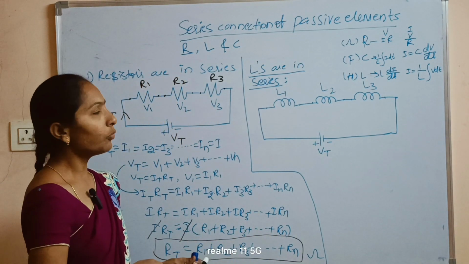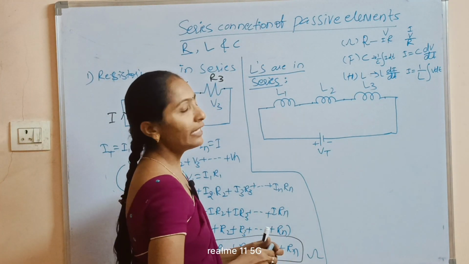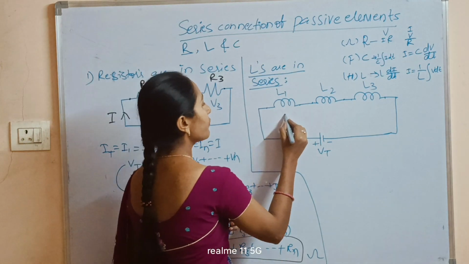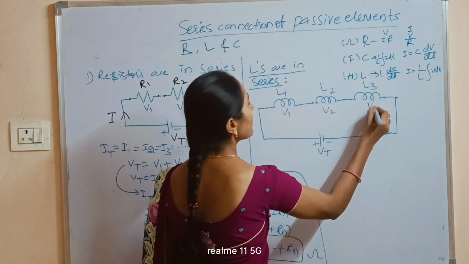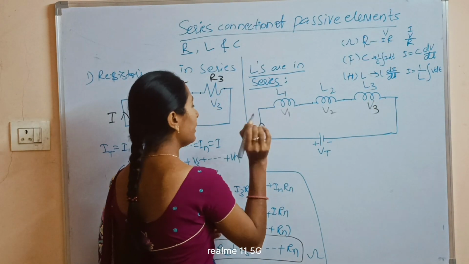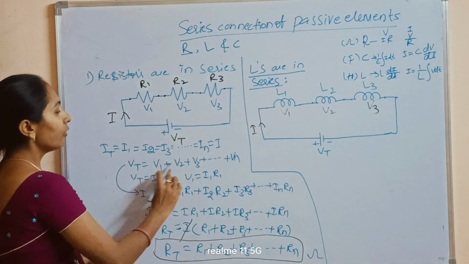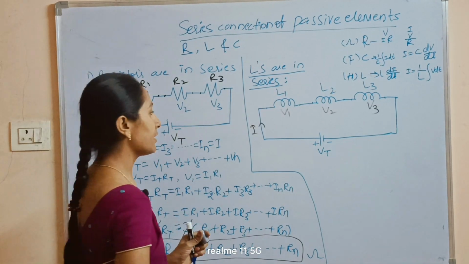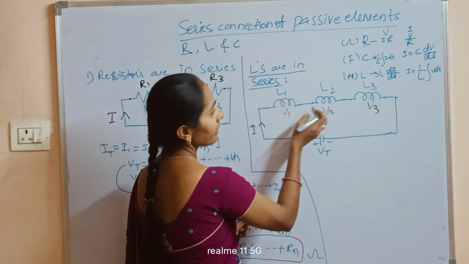So the voltage across each element is V1, V2 and V3. But current must be the same in a series connection, the same formula. Current must be the same, voltage is divided. Now what is the voltage across an inductor?